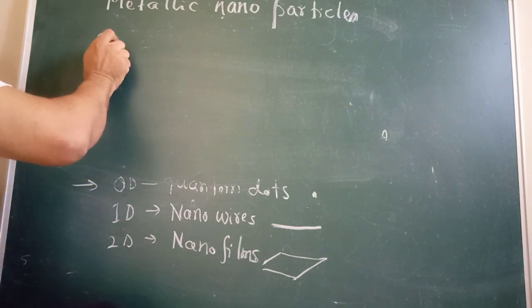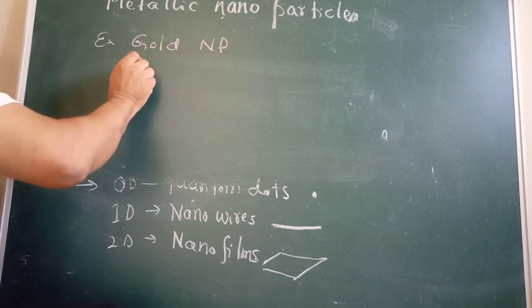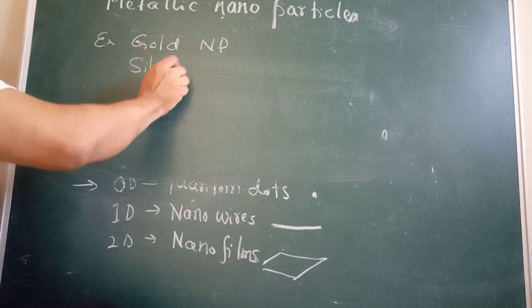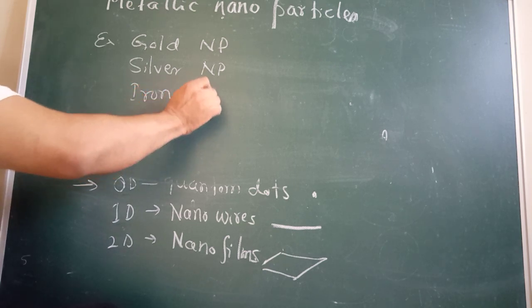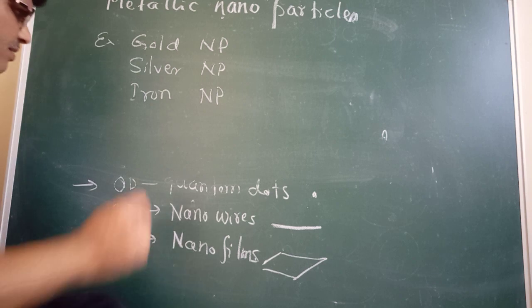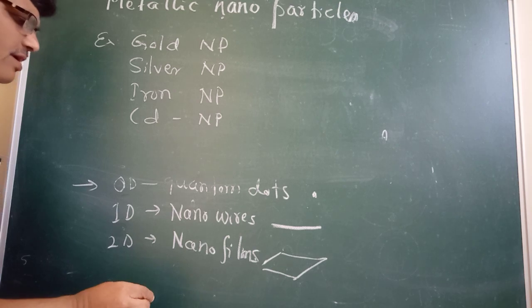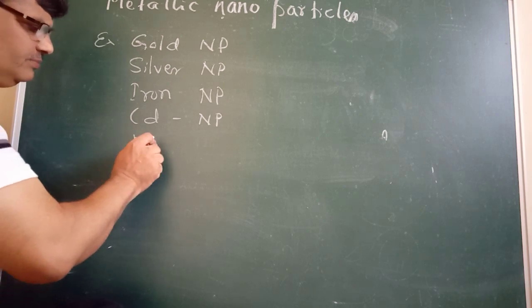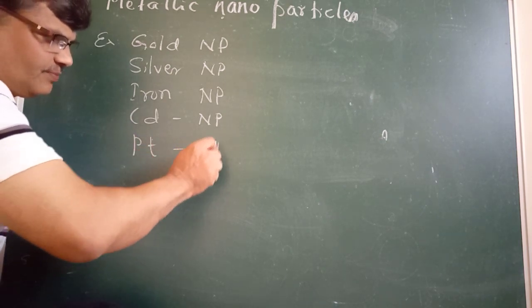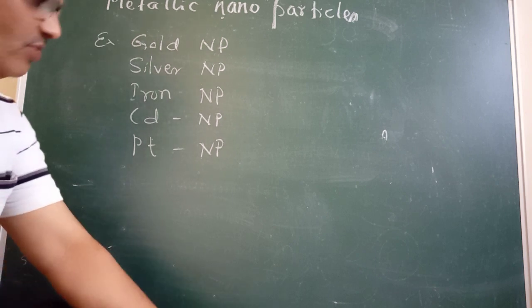For example, gold nanoparticles, silver nanoparticles, iron nanoparticles, cadmium nanoparticles, and another one, platinum nanoparticles. So there are different types.